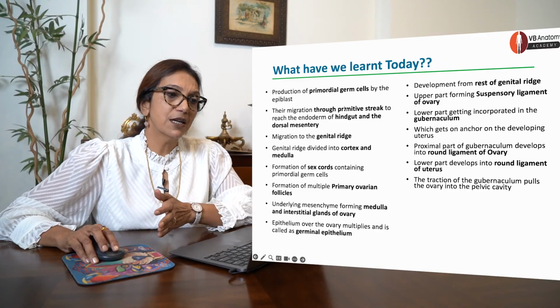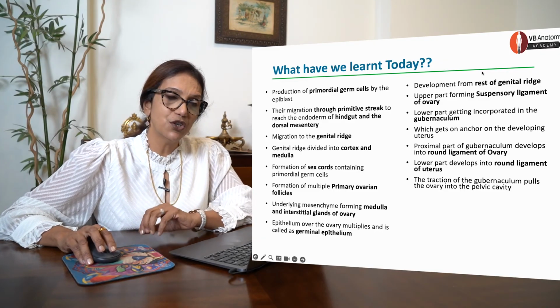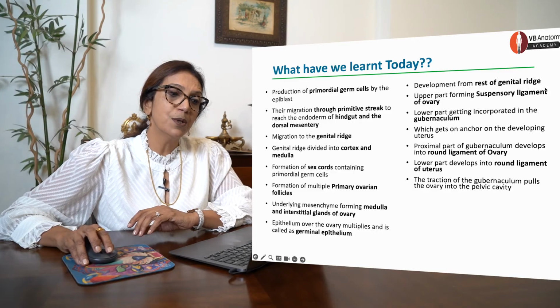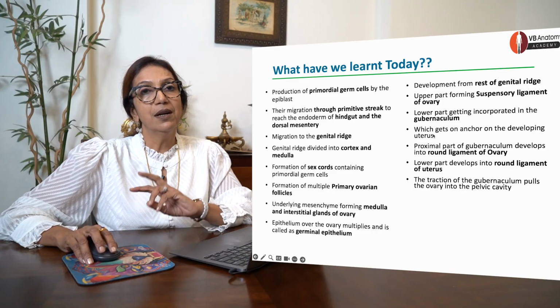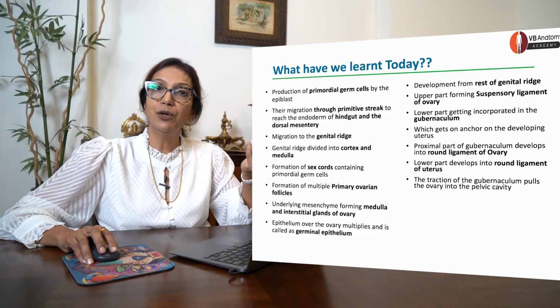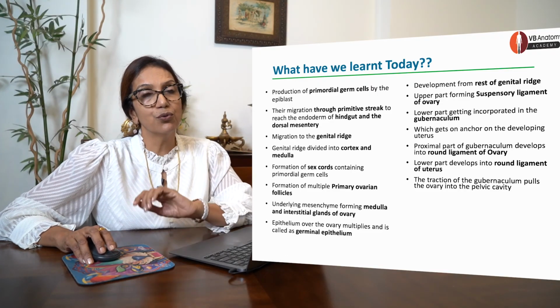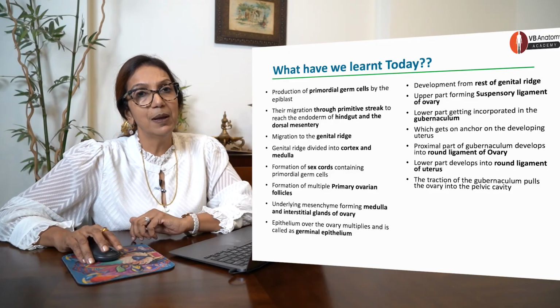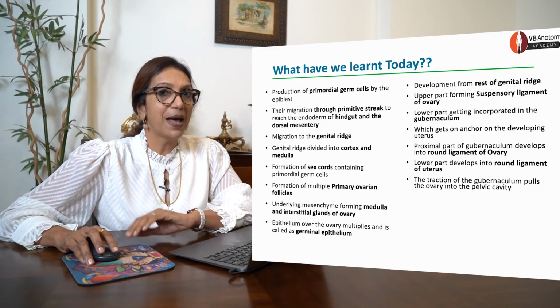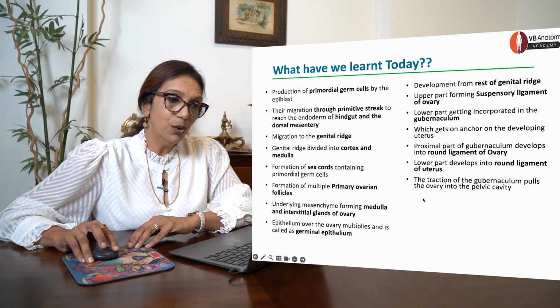Then we began a discussion on the development of the rest of the genital ridge, resulting in formation of suspensory ligament as well as the gubernaculum, dividing itself into round ligament of ovary and round ligament of uterus, respectively, with the anchorage in the middle to the developing uterus through the paramesonephric duct. I hope this lecture has helped you to understand this very simple development of ovary.